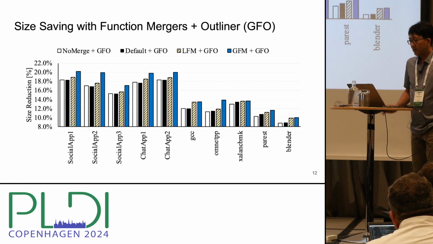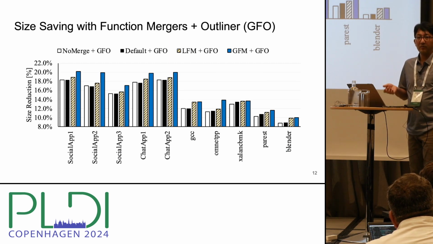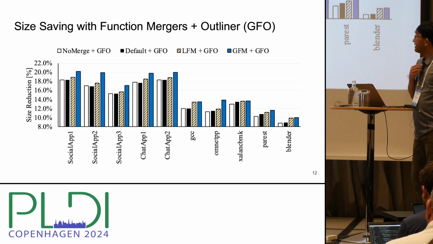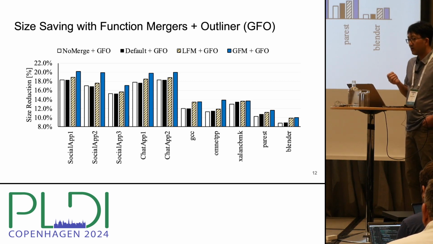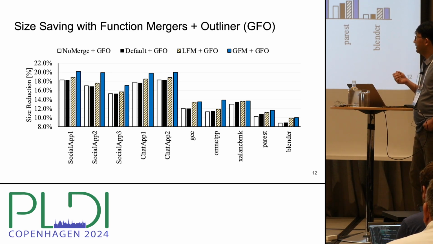So let me share some data on the size savings achieved by applying both function merger and function outliner. This graph compares several function merging techniques alongside the global function outliner. The global function outliner alone contributes a code size reduction of 70%, which is significant.